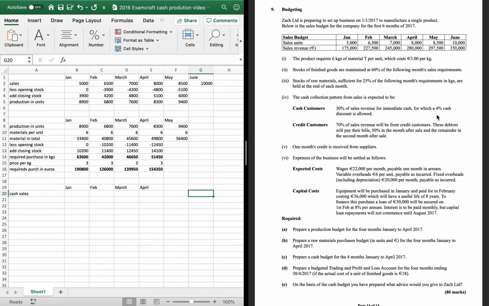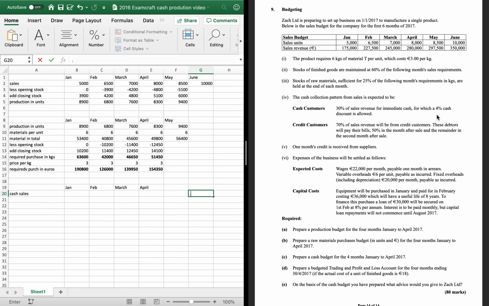So in effect, it's 96% of 30%, which is 28.8%. That's a strange number to go with, but anyway, it is 28.8%.